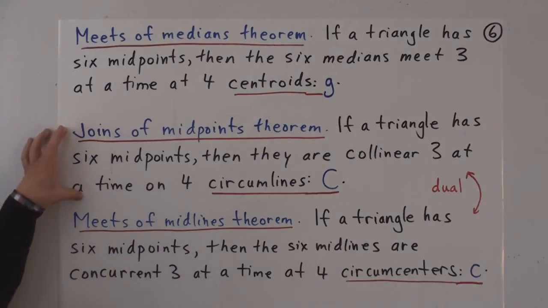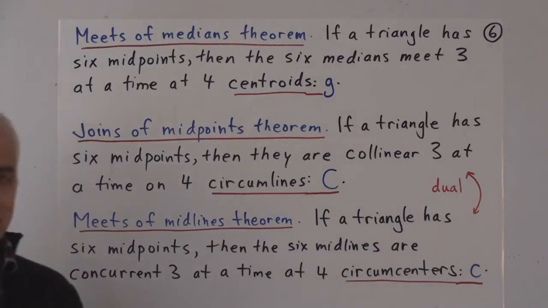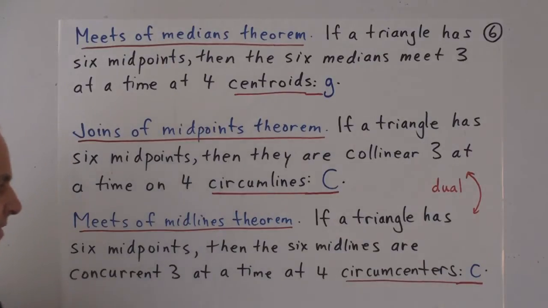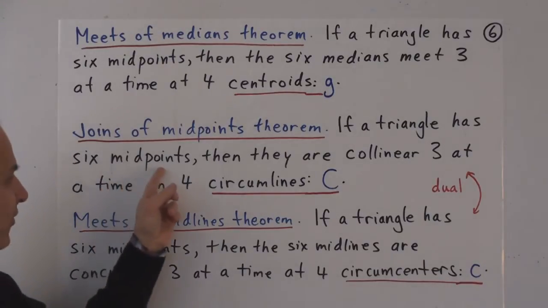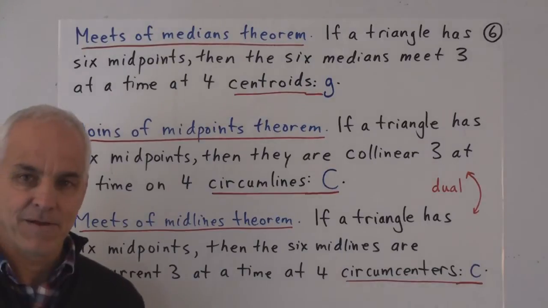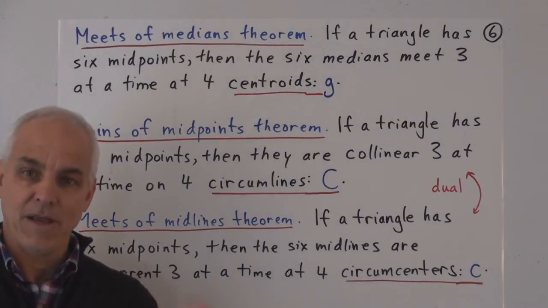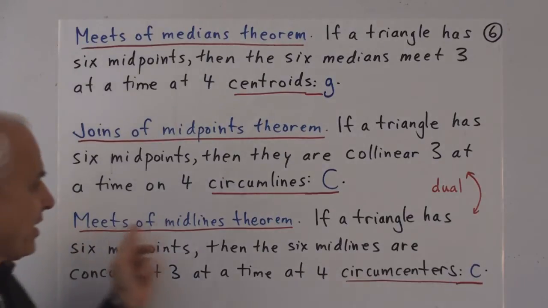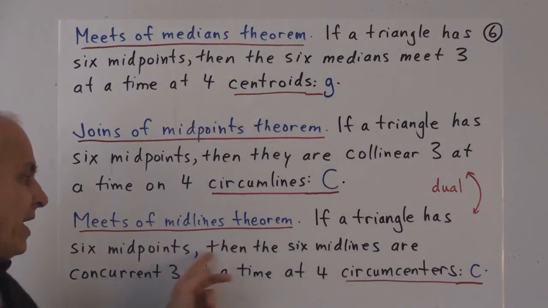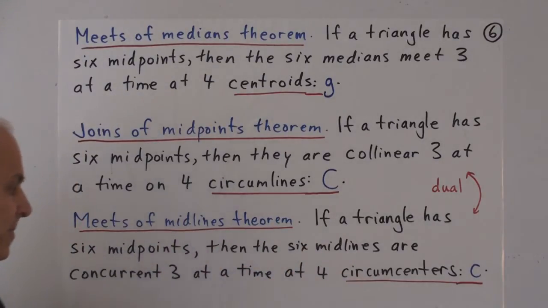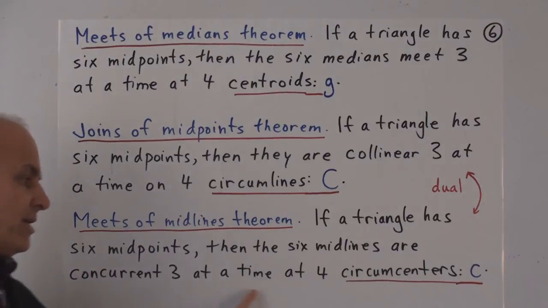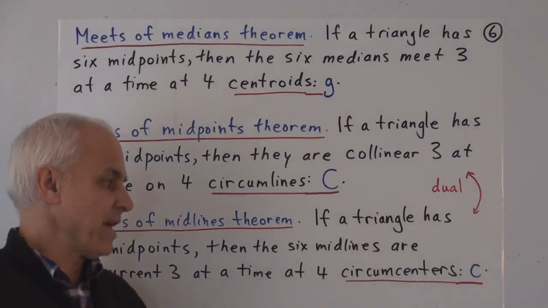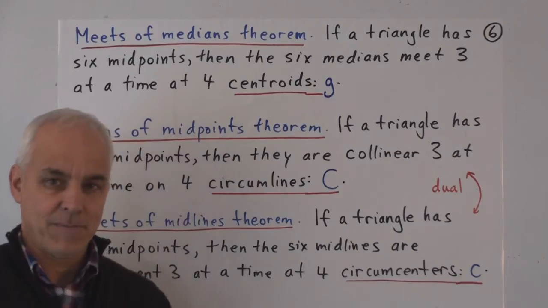Now this second result has a dual formulation, which is also very important, because the duals of the midpoints are the midlines. So if this is true, then it's also true that if a triangle has 6 midpoints, then the 6 midlines are concurrent 3 at a time at 4 circumcenters, little c.